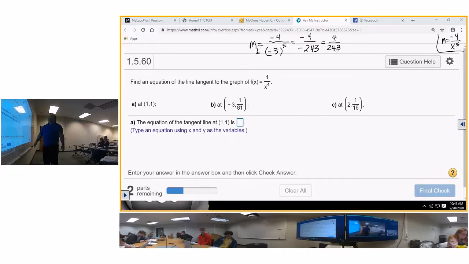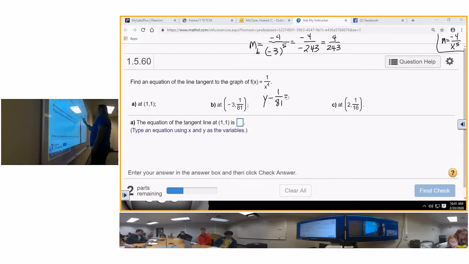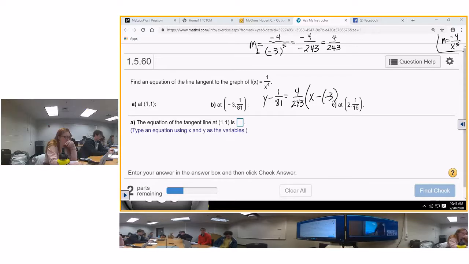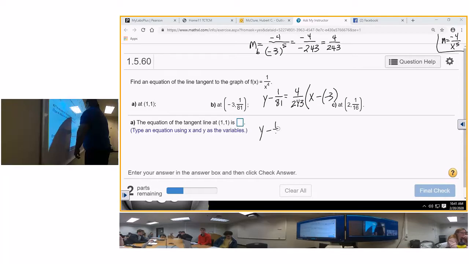So we might as well just give up. y minus 1 over 81 is equal to 4 over 243 times (x minus (-3)). y minus 1 over 81 is equal to 4 over 243 x plus 4 over 243 times 3 over 1.